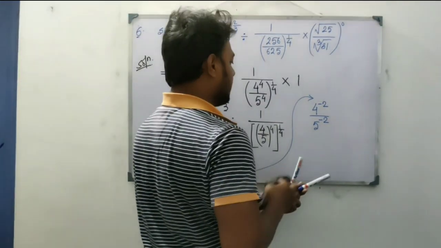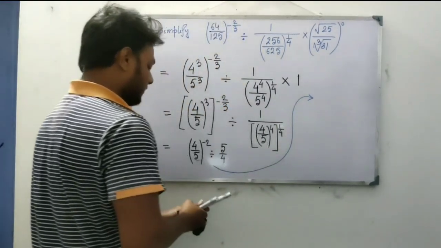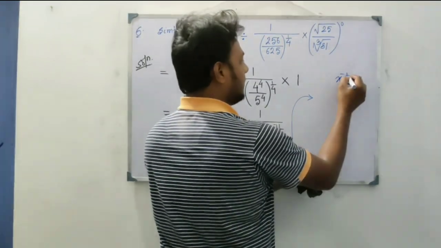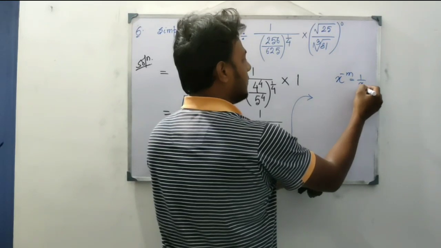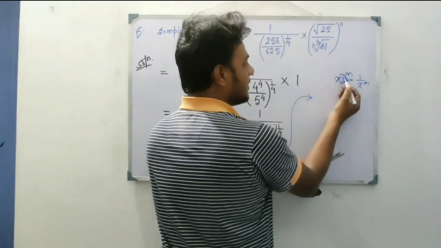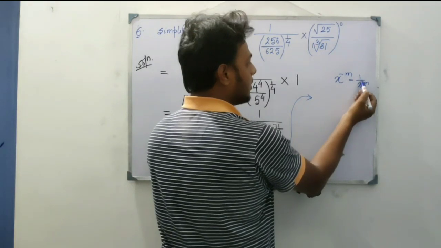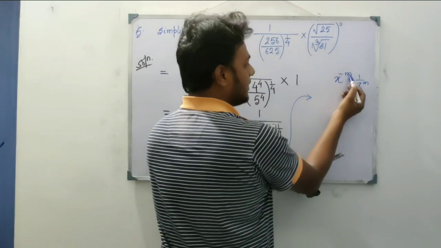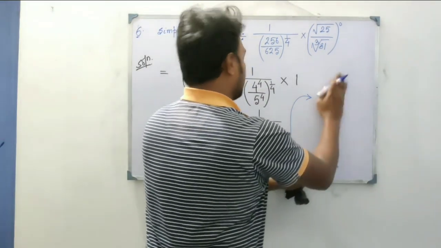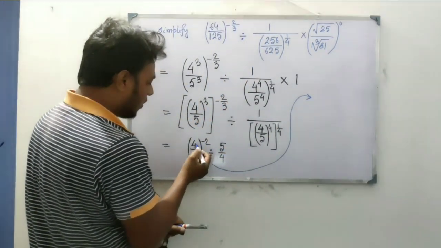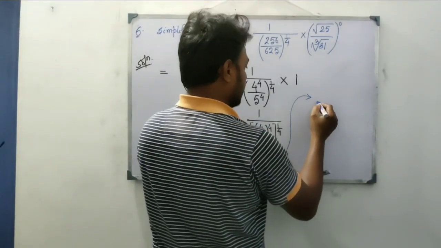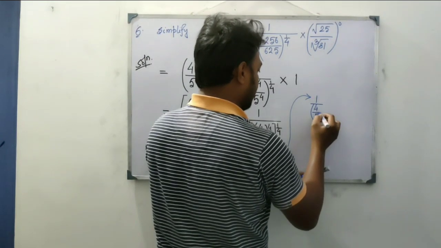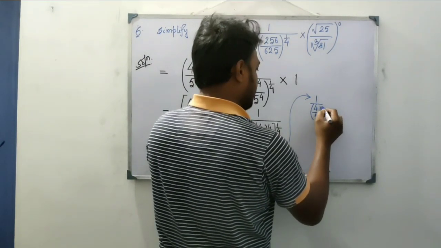Just remember that law of indices: x to the power minus m can be written as 1 by x to the power m. So to remove this minus, we have to consider this term in the denominator, 1 by (4 by 5) to the power 2.